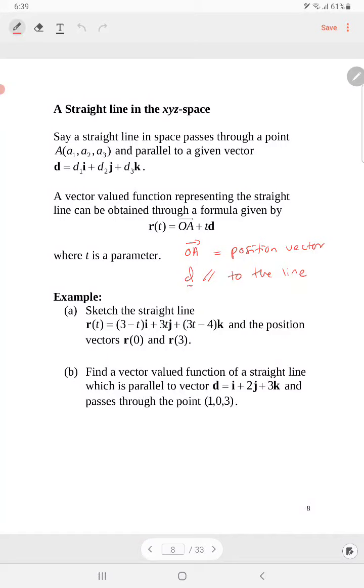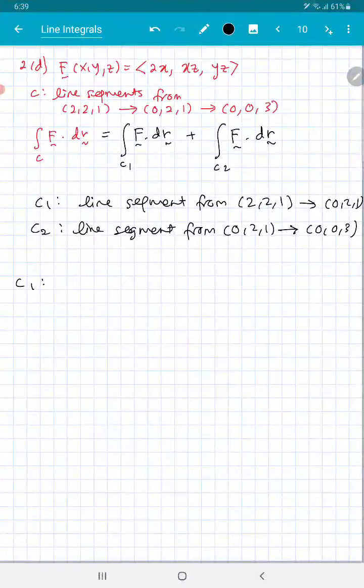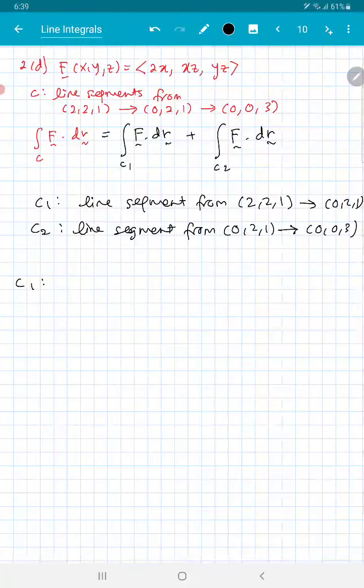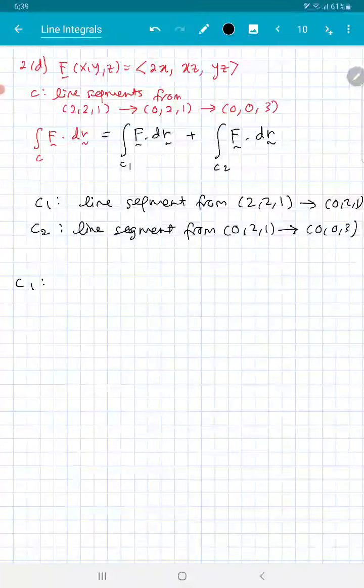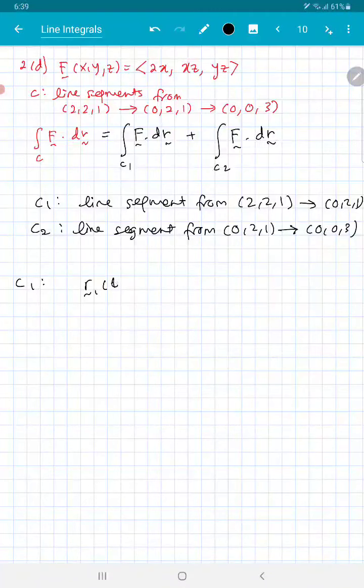So this is the equation that we have to come up with. Now back to our line segment C1. Here is a line segment that connects the 2 points, so we need to come up with the equation of the straight line. I'm going to call it vector function r1(t).